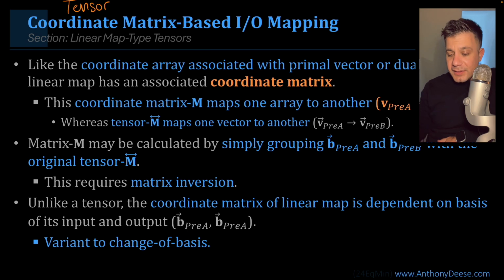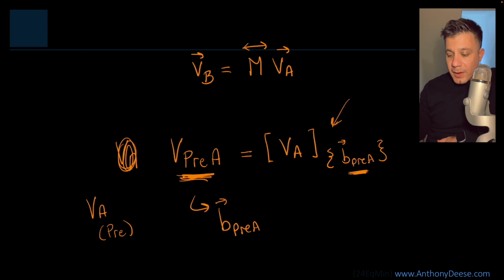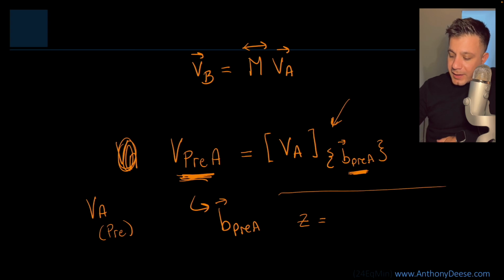Now, we did something similar to this when we were talking about primal and dual vectors as well. If you remember, we said that we could take this output, which is a scalar z, and that's equal to our covector array times our covector basis set.